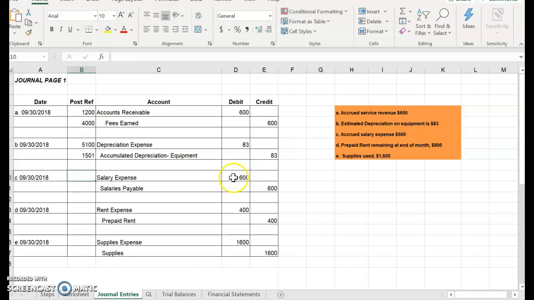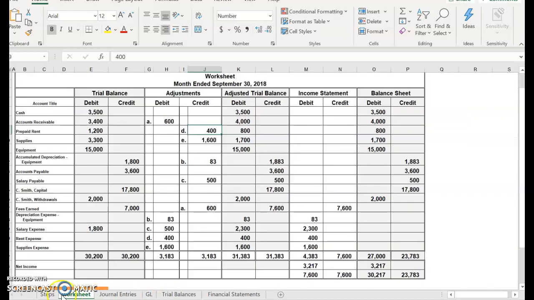Next, I'm going to debit salary expense for $600, I believe. Or maybe it was $500. Let me check that number. Okay, I noticed this should be $500. So let me fix that, and you correct it in yours too. So debit salaries expense for $500.